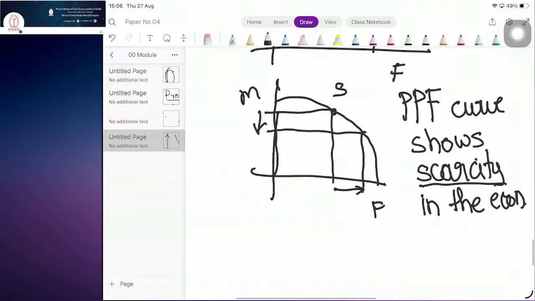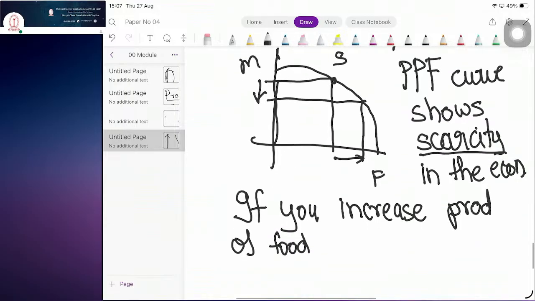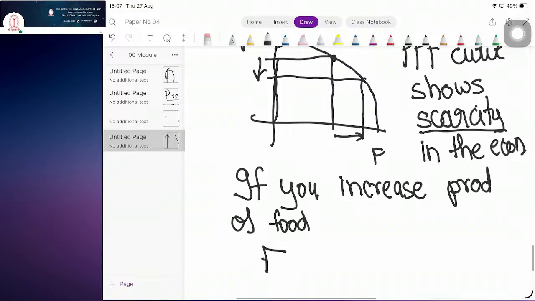What does it mean? If you increase the production of food, see how I'm writing it symbolically, it's so easy. F up means I'm increasing the production of food. Then production of manufactured goods will decrease.